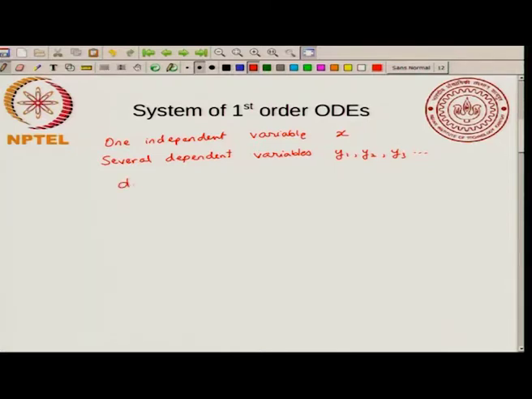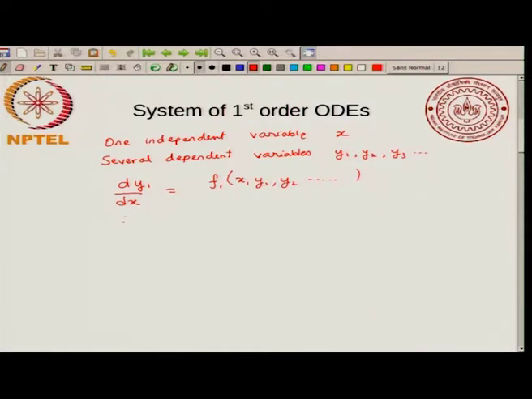It might look like dy1 by dx is equal to f1 of, in general, x, y1, y2, some function. So, it is the derivative of the first dependent variable. There is only one independent variable, so that is why I just have dy by dx.